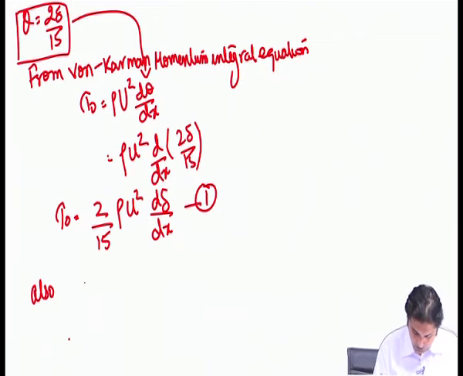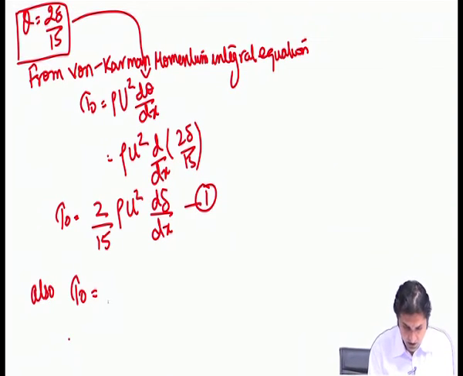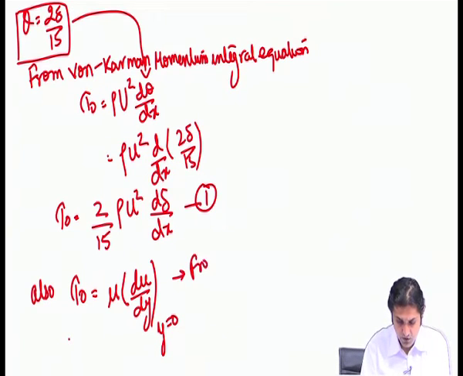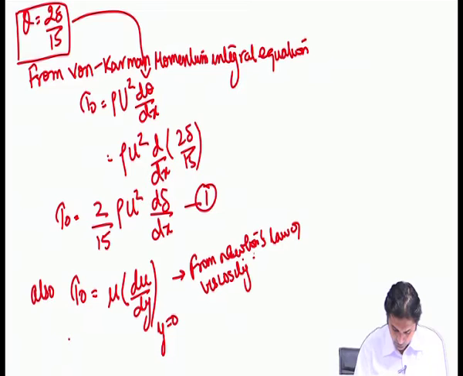Also, tau naught we know can be written as mu du by dy at y is equal to 0. And how do we get this? From Newton's law of viscosity.